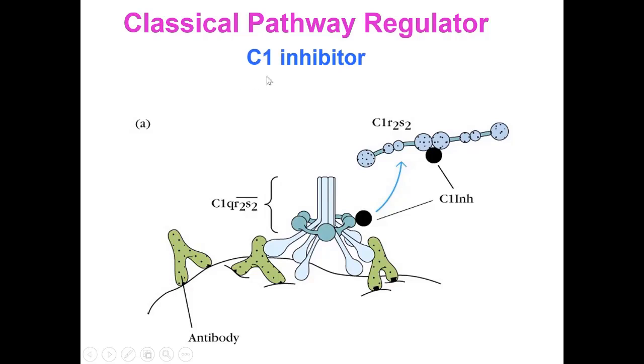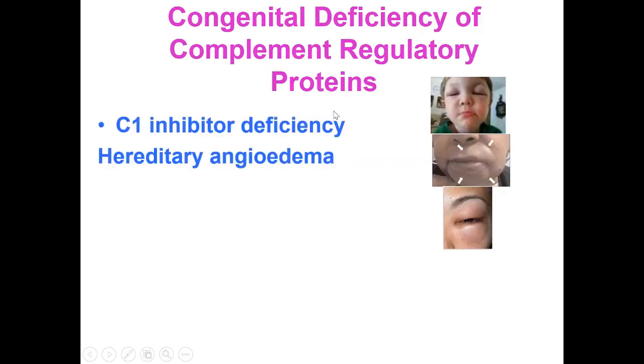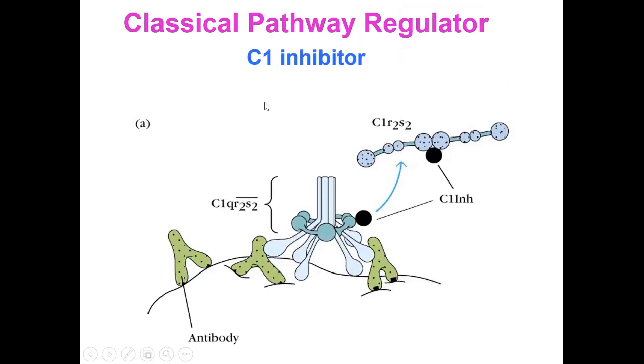C1 inhibitor is a regulatory protein in the classical pathway, and it can dissociate C1r and C1s from C1q in the C1 molecule, and in this way can inactivate the C1 molecule.